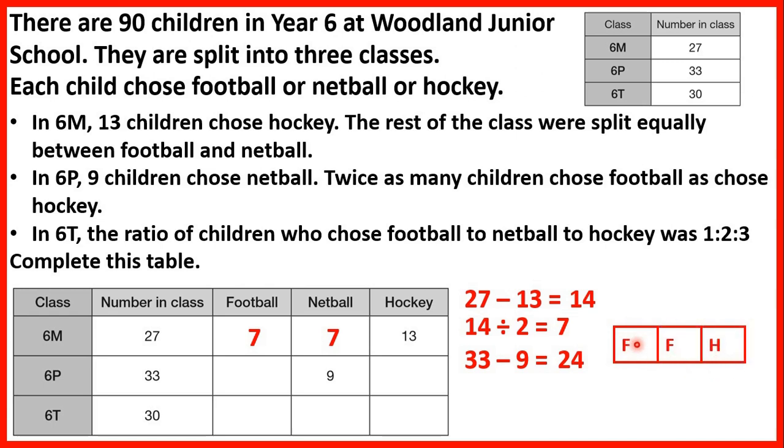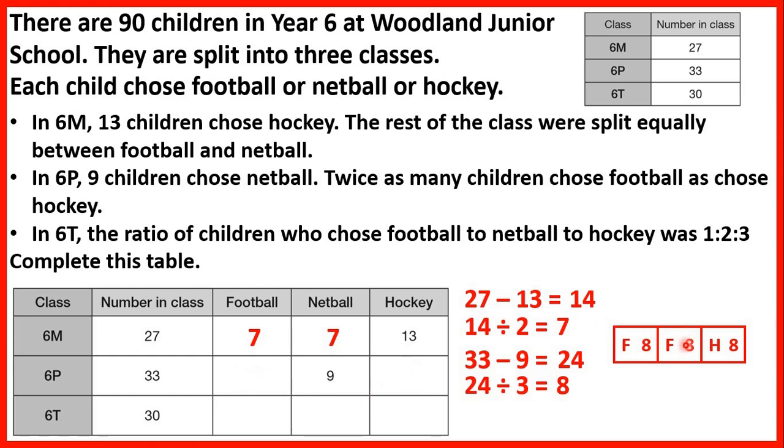So on a bar model, we can use 2 squares for football and 1 for hockey because football is twice as many. So there are 24 children who chose either football or hockey, and to find what each of these 3 squares represents, we can divide 24 by 3, and that tells us that each square represents 8 children, because if we have 3 times 8, that's 24 children altogether, and we know that 24 children either chose football or hockey.